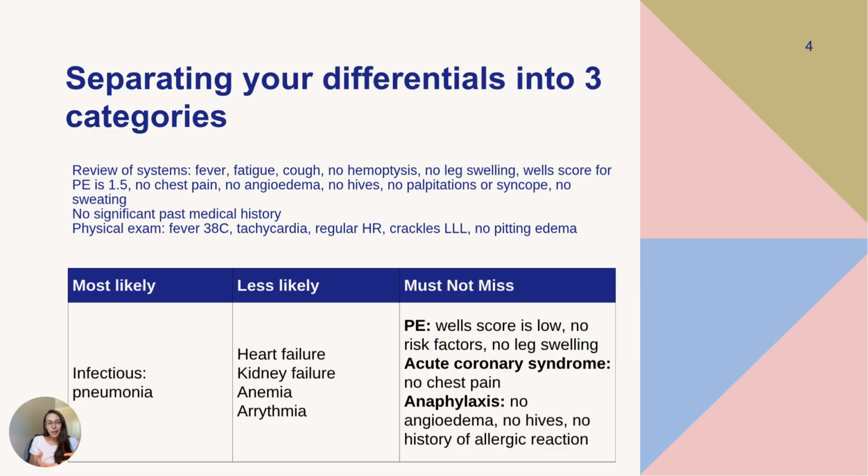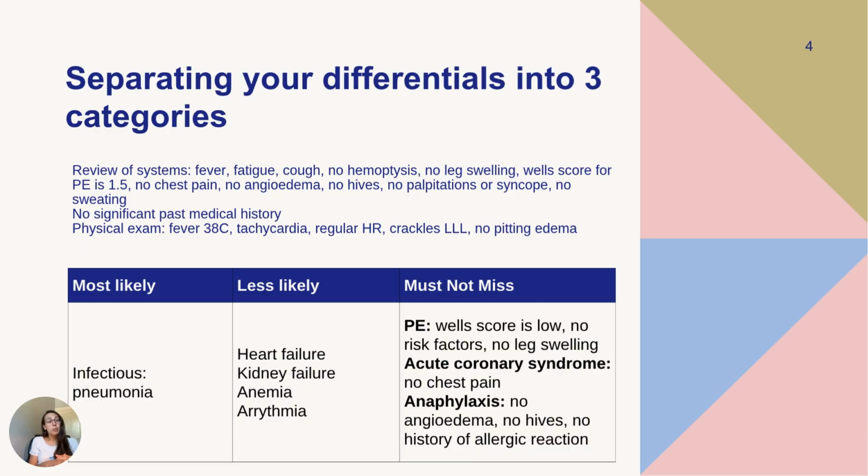It's less likely going to be heart failure. Again, no risk factors for heart failure. There's no pitting edema or signs of heart failure. Kidney failure, again, less likely because there's no past medical history, no pitting edema. Again, less likely anemia with that presentation of fever and crackles and cough. Again, less likely arrhythmia.